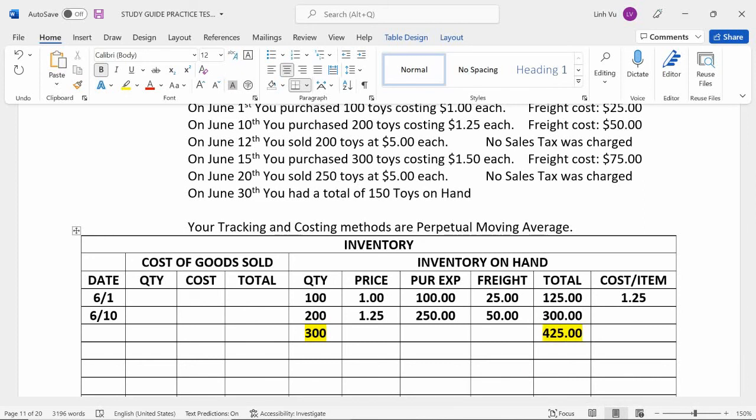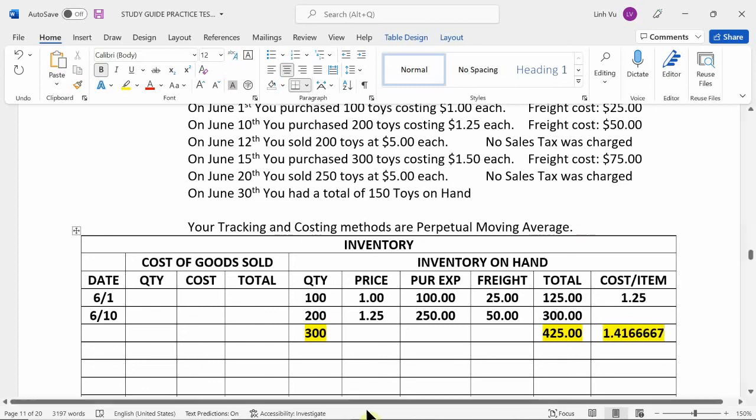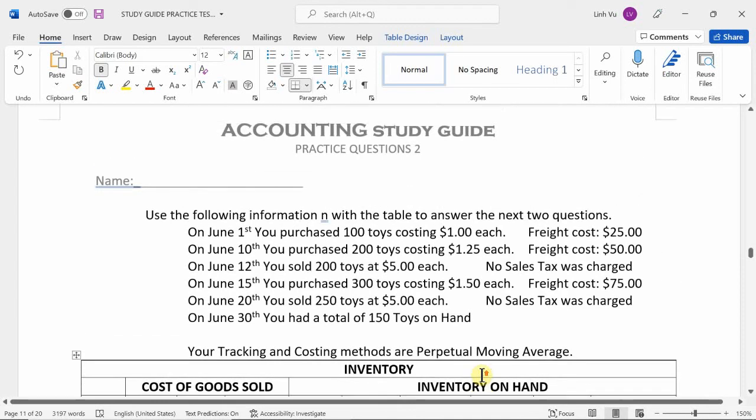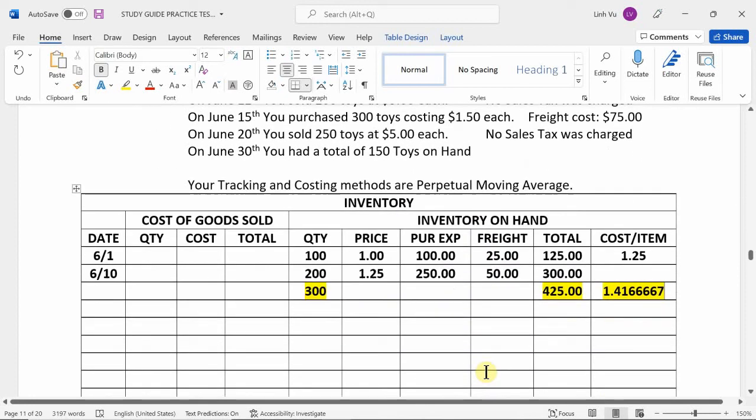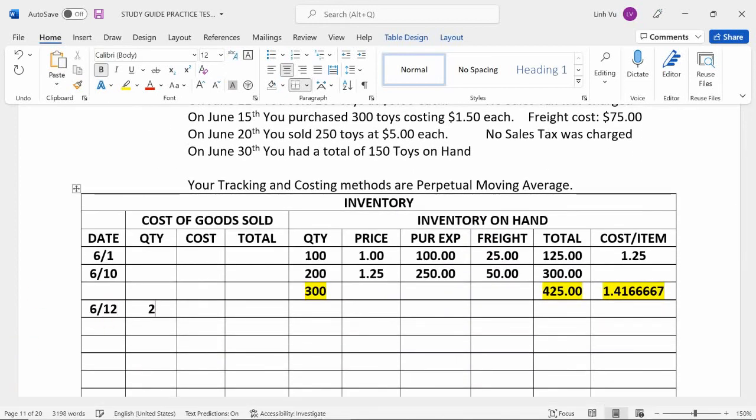Giving me an average cost per item of, 425 divided by 300, my average cost per item is going to be 1.416666. Okay, good. So then here it says June 12th, you end up selling 200 units. Okay? So June 12th, we sold 200 units. What's my average cost per item right now?